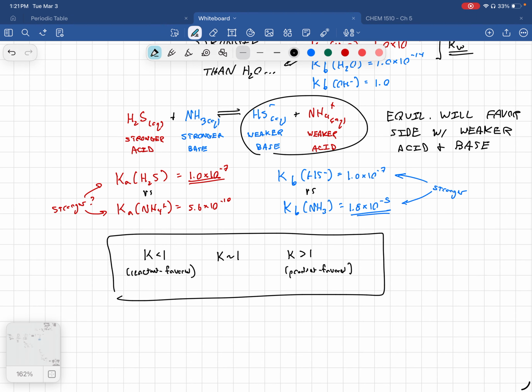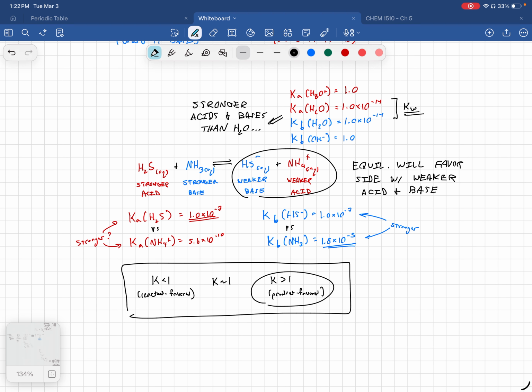So that means that this reaction would be product favored. Okay, so overall, the concentrations of HS minus and NH4 plus are going to be higher, and the concentrations of NH3 and H2S are going to be smaller.